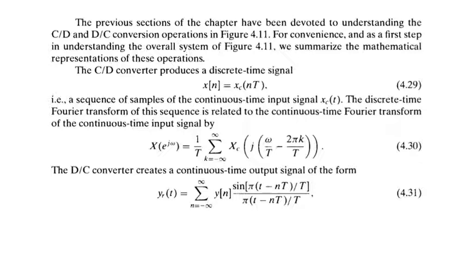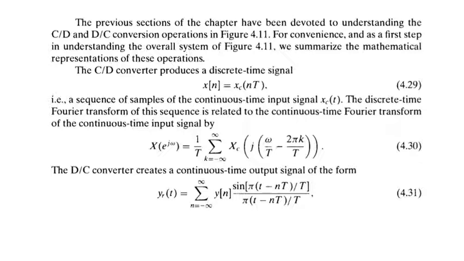So X(e^{jω}) is equal to 1/T times the summation over k from minus infinity to infinity of Xc(j(ω/T − 2πk/T)). We have replaced capital omega with ω/T because this is the discrete time Fourier transform, and Ωs is 2π/T.